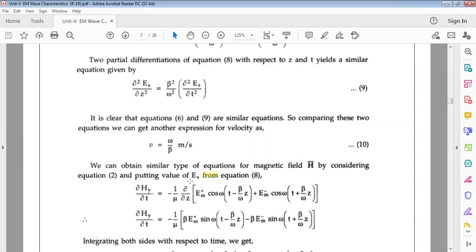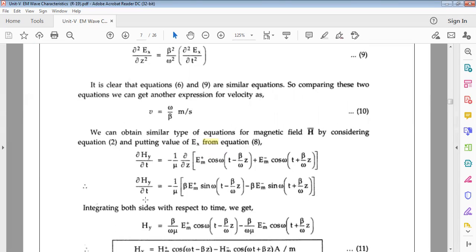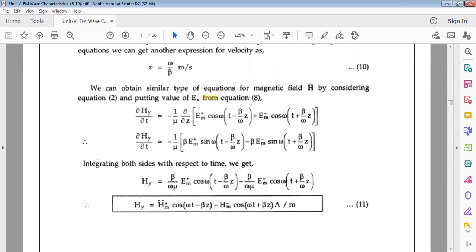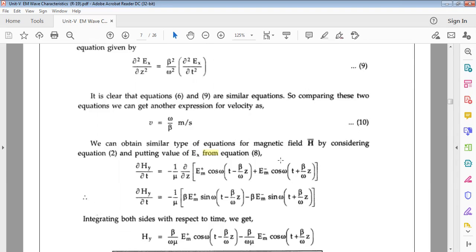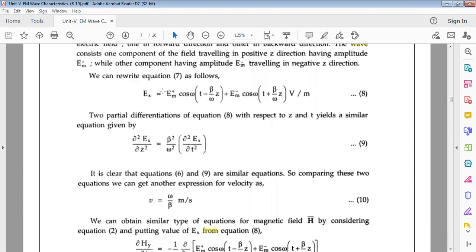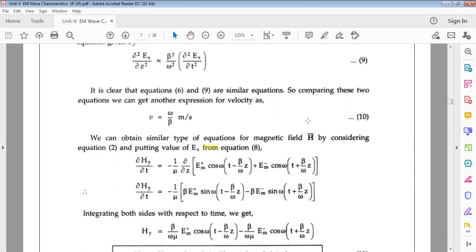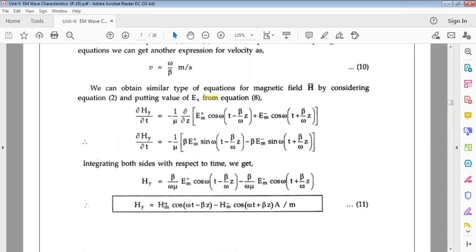And in a similar way, we can find it in terms of ∂Hy/∂t also. Hy is equal to Hm⁺ cos(ωt − βz) plus Hm⁻ cos(ωt + βz). As we got for Ex, with the amplitudes of positive direction and negative direction of the cosine, similarly for the magnetic field also, Hm⁺ in the positive direction and Hm⁻ in the negative direction.